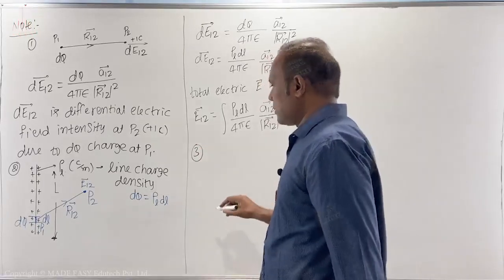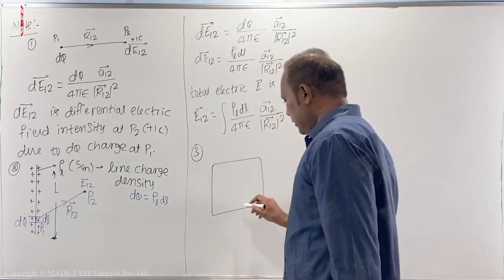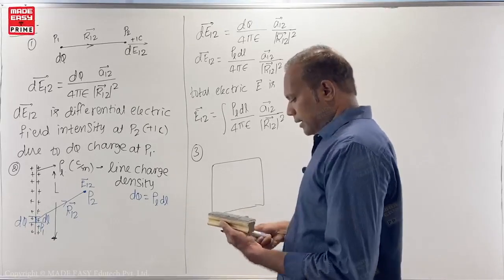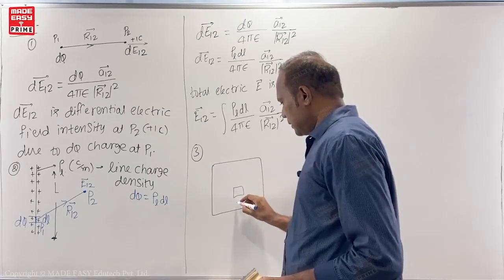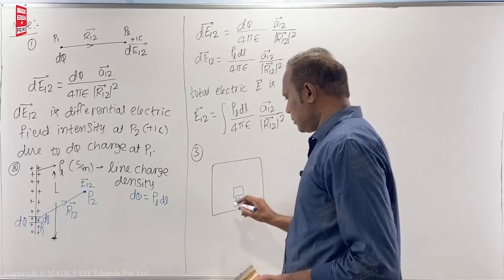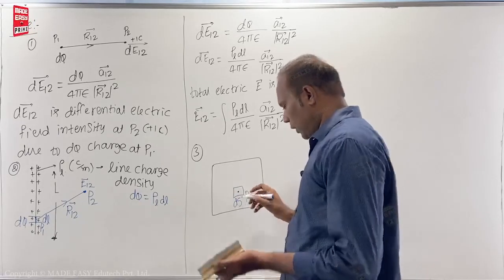Third one, let us consider a big surface, and on that big surface let us select some ds element. This location is selected as point 1.